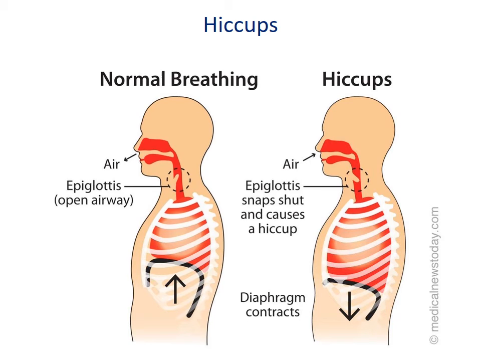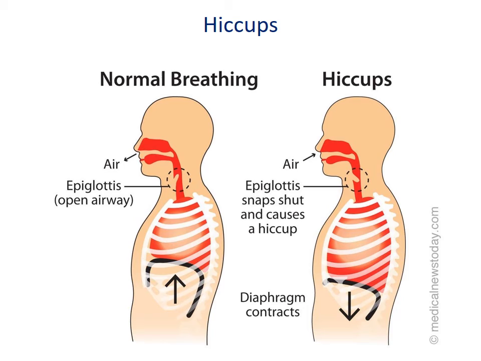So normally when we're breathing in and out, the epiglottis is open and our airway is nice and open. When we have hiccups, our diaphragm spasms, and so it contracts very suddenly. When our diaphragm contracts suddenly, it very suddenly increases the volume of our thoracic cavity, it decreases the pressure, and that rapid decrease in pressure actually causes our epiglottis to snap shut.